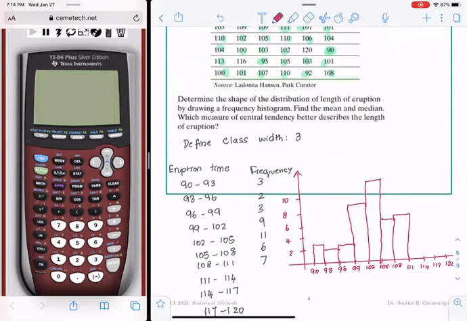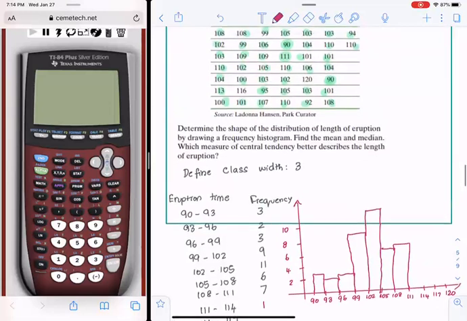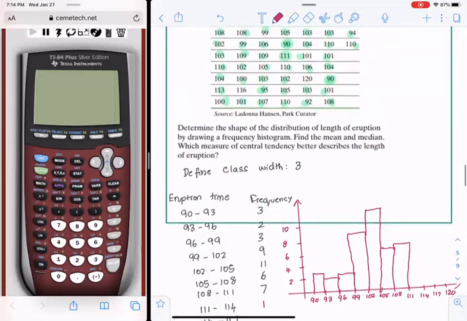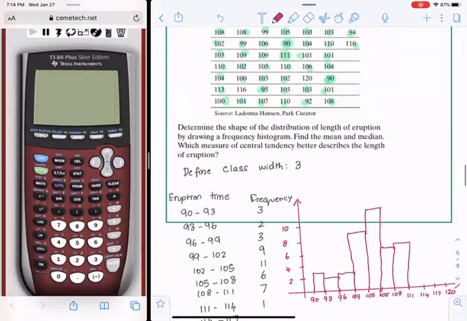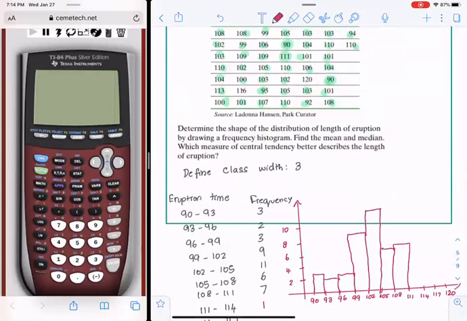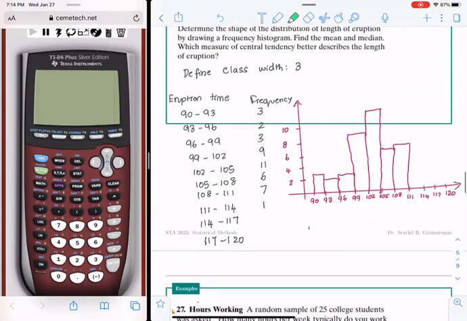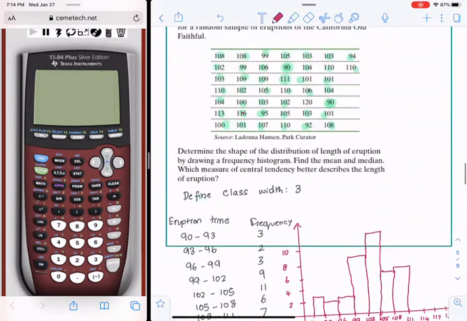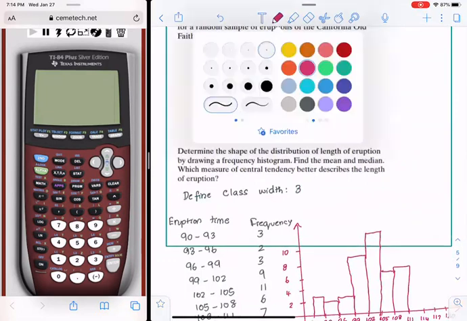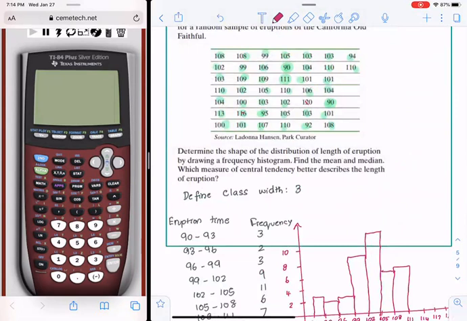So that should be 1. 114 to 117, we have 1, which is 116. 117 to 120, we simply have 1.